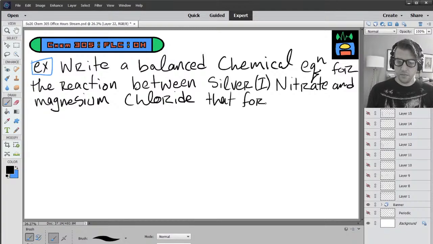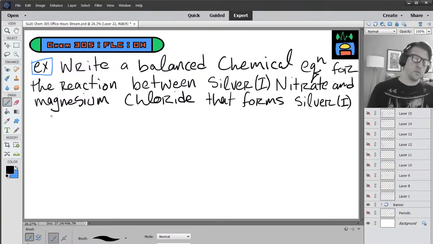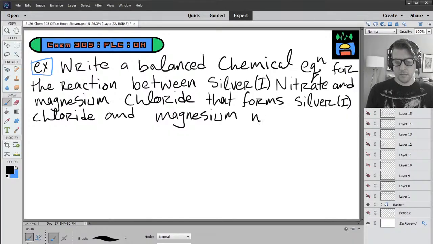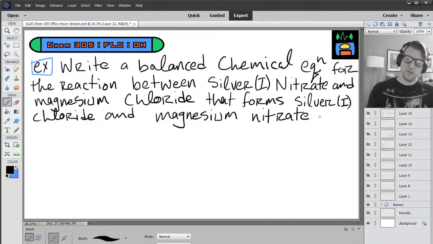That forms silver 1 chloride and magnesium nitrate.